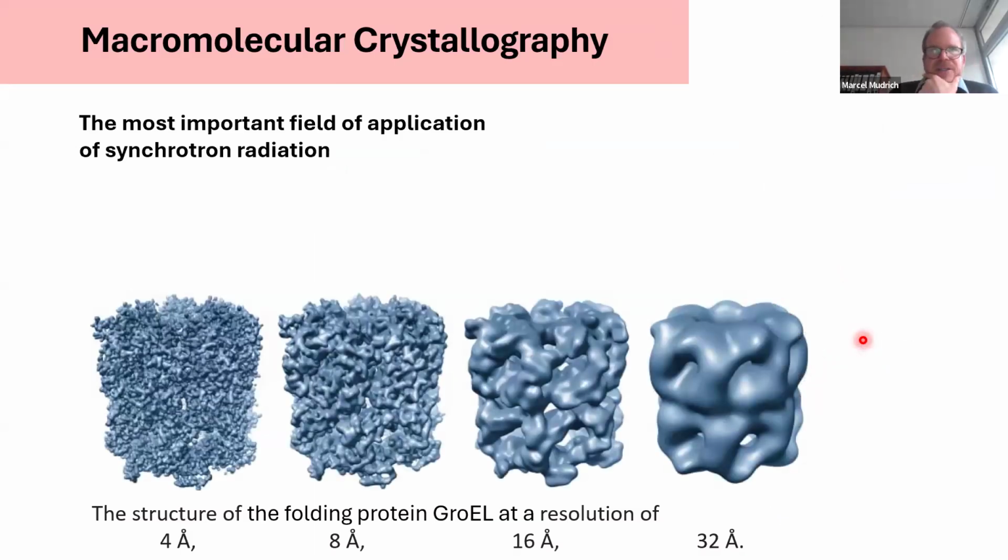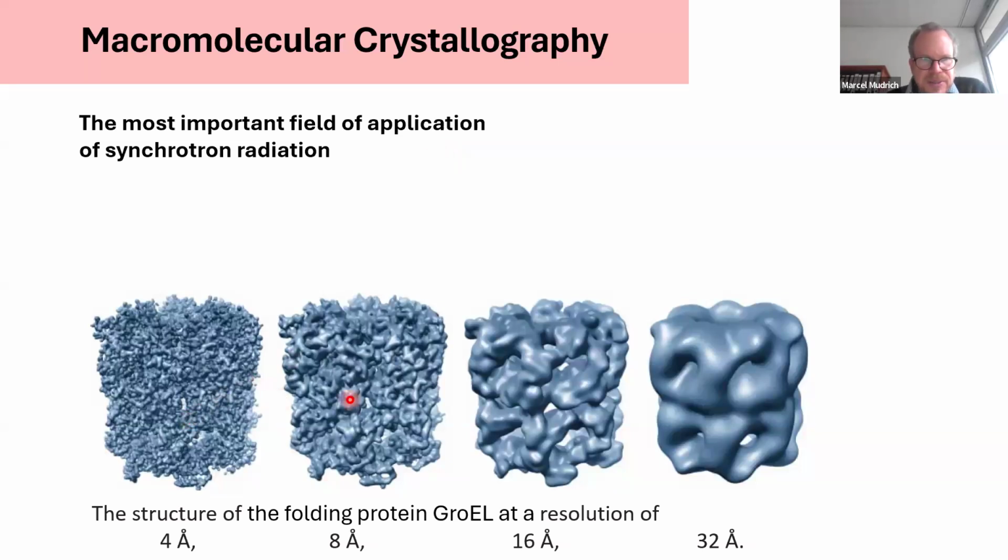Just to mention that this kind of diffraction imaging for these more complex systems, namely mostly for proteins, is really the most important field of application of synchrotron X-ray radiation. So most of the beamlines at synchrotrons do just that.